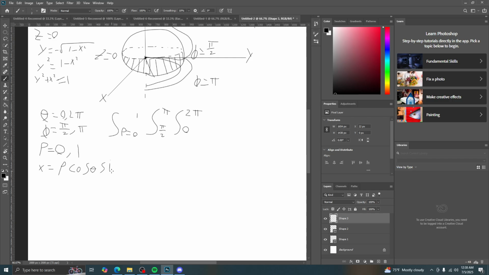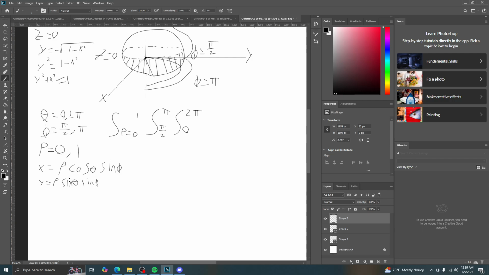The way I remember this is, generally speaking, cosine is just associated with x. And then y is rho sine theta times sine phi.